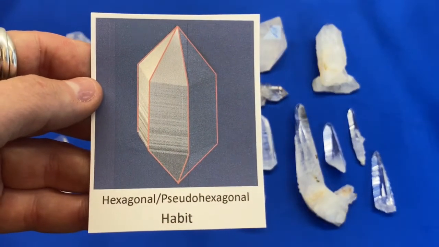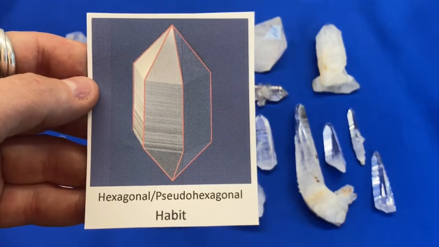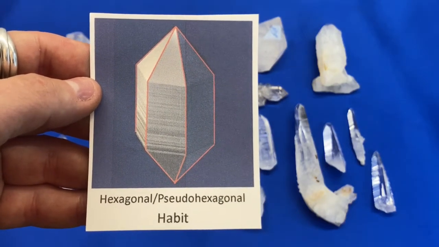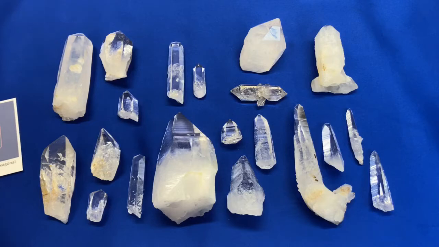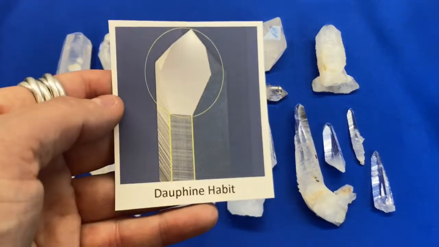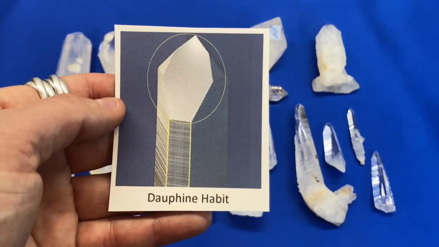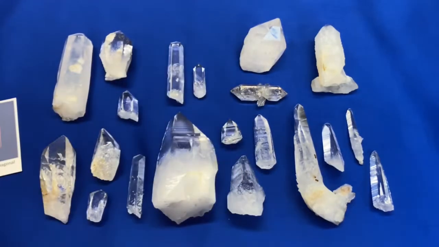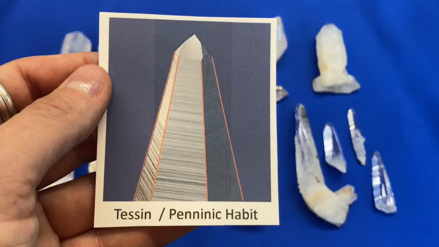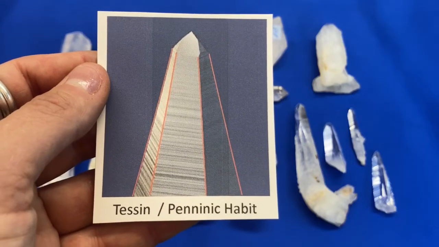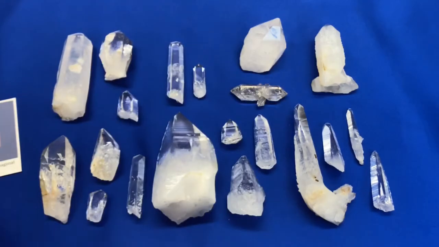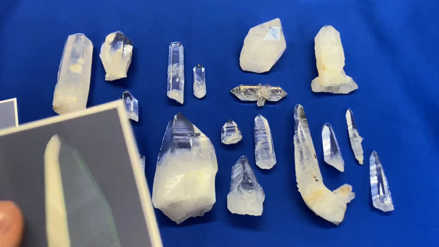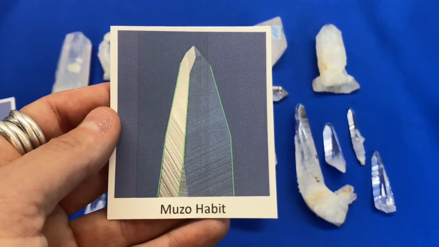The third style is the hexagonal or pseudo-hexagonal habit. We have the Dauphine habit. We have the Tessin or peninic habit. And lastly, we have Muzo habit.